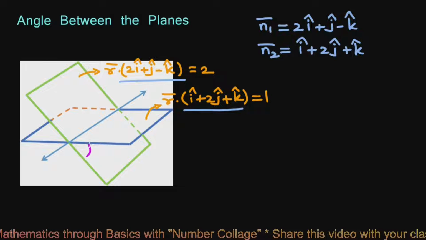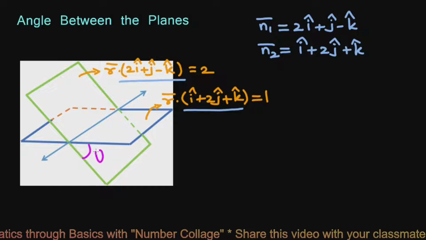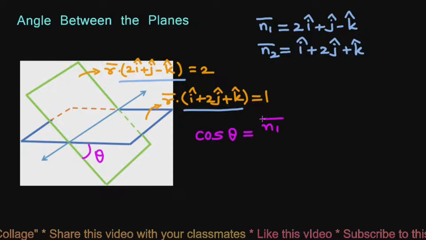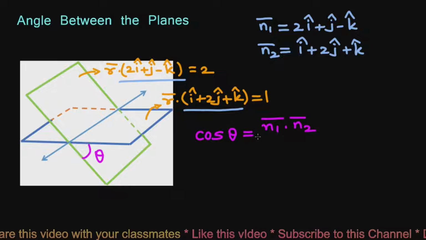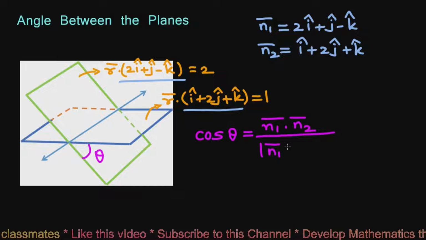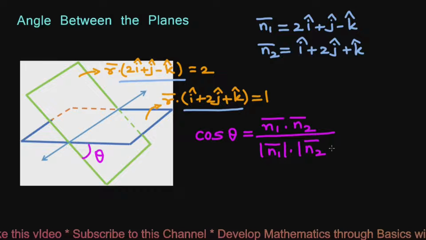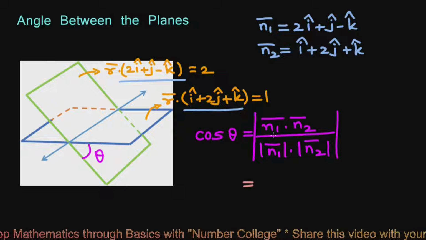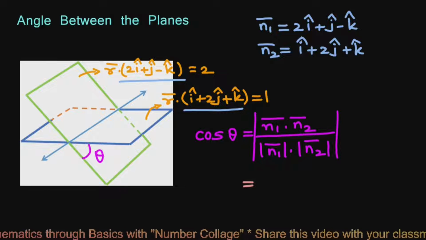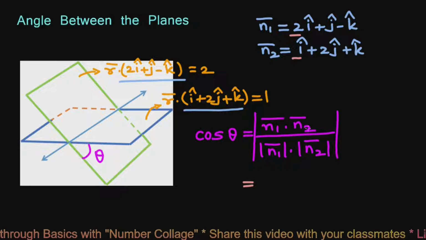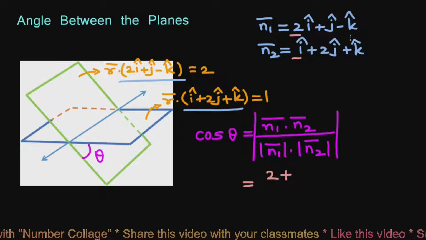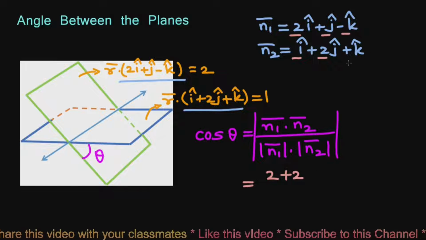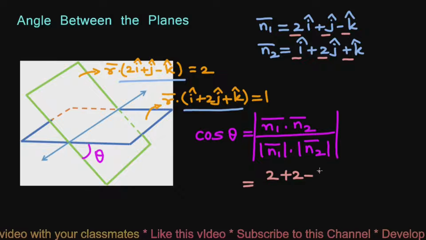If the acute angle between the two planes is theta, then we have cos theta equals mod of n1 bar dot n2 bar upon mod n1 bar into mod n2 bar. So n1 bar dot n2 bar will be 2 multiplied by 1 is 2, plus 1 multiplied by 2 that is 2, minus 1 multiplied by 1, which is minus 1.